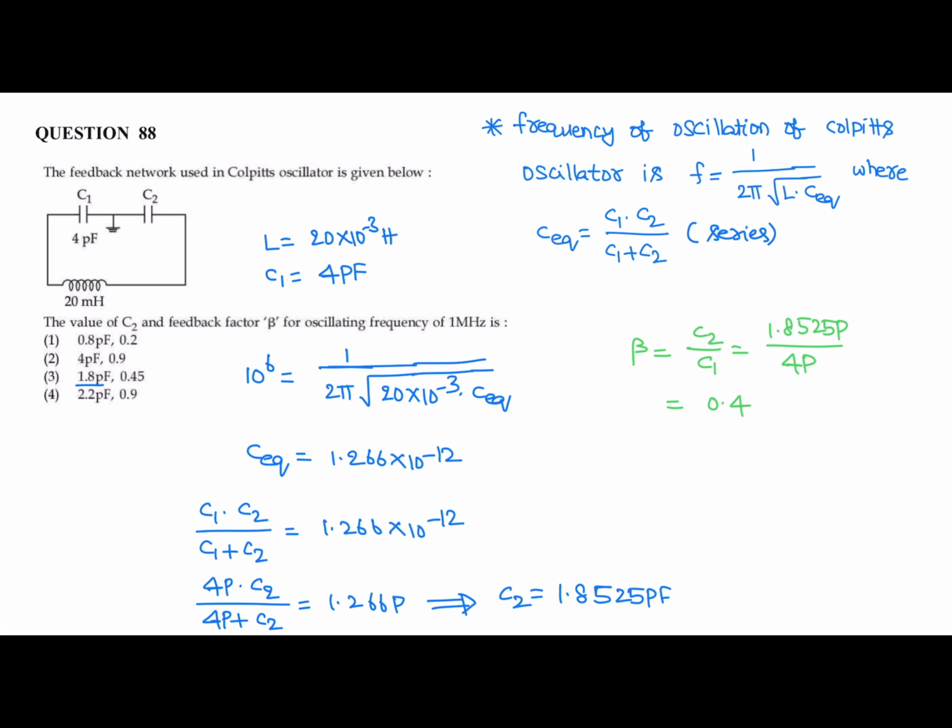It results in 0.4631, approximately 0.45 as per the option. So the correct answer is 3. The value of capacitance C2 is 1.8 picofarad and the feedback fraction beta is 0.45.